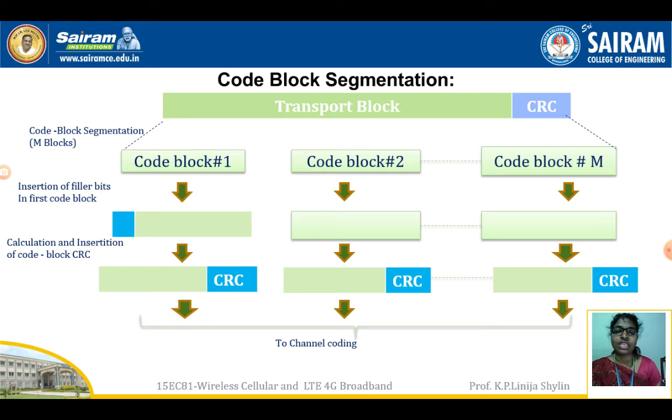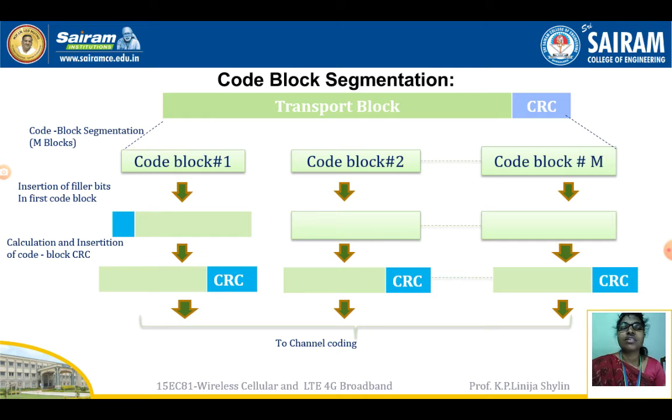So the transport block along with CRC is broken down into code block 1, code block 2, up to code block M. After fragmenting the entire transport block into small blocks, the next step is insertion of filler bits in the first code block.